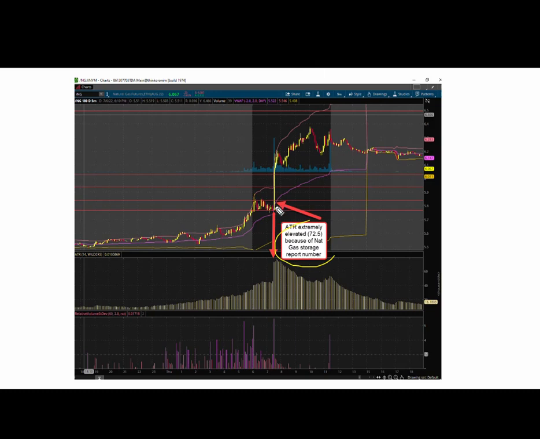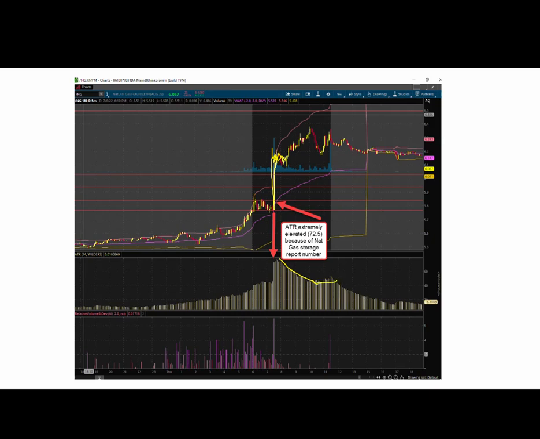You can see here this ATR spiked from right around 40 to 72.5 or 73 ticks, which is not representative, in my view, of the current volatility. It is taking into consideration this one-time event, and you can see it started to normalize back to the 40 area once that event happened.